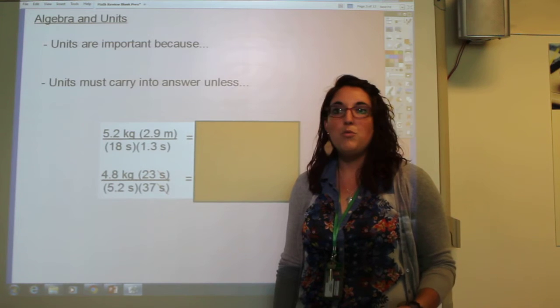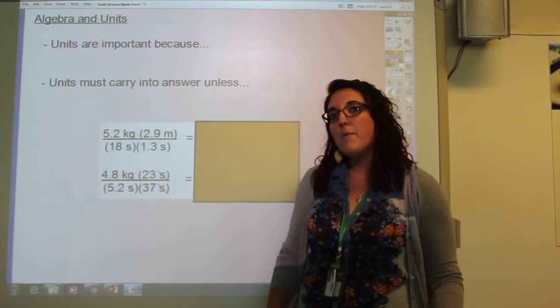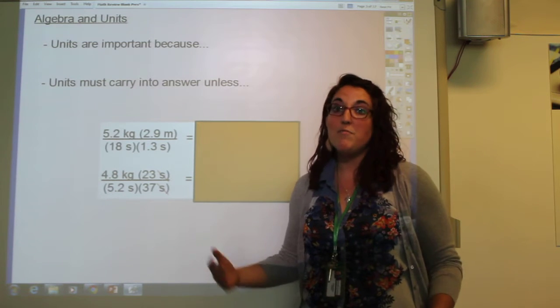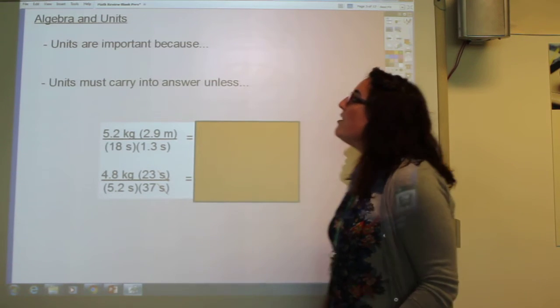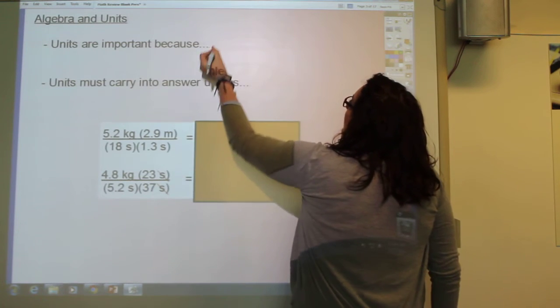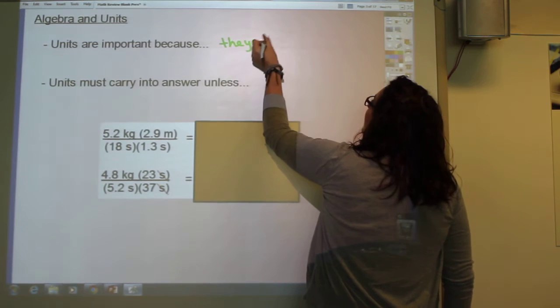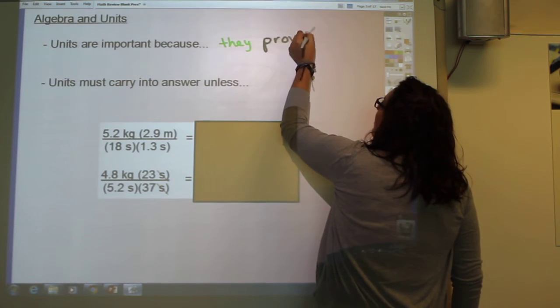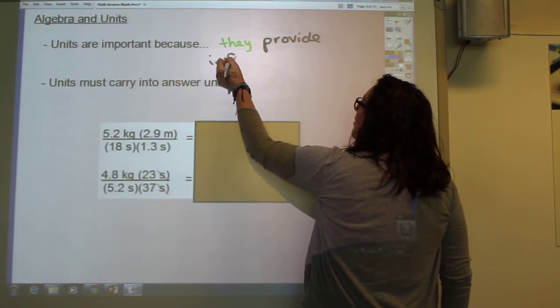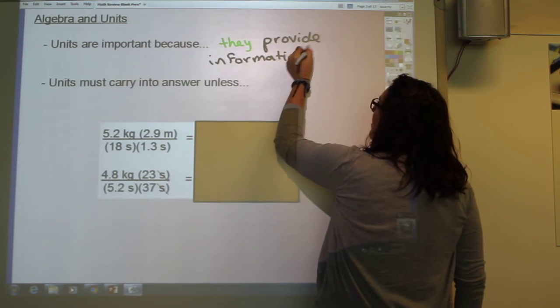If you tell me you ran for 5, I'd say, okay, you ran for 5 what? 5 kilometers, 5 miles, 5 seconds, 5 minutes? I have no idea what you're talking about. So they're important because they provide information to give numbers meaning.